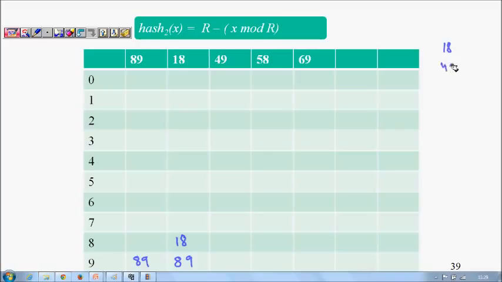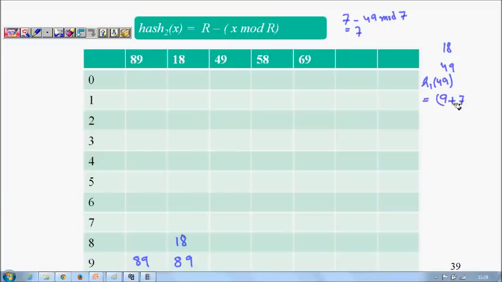Next, 49 comes. 49 modulo 10 is 9 and there is already an element 89 here, so we try out h1 of 49, which will be 9 plus f(1). I need to calculate hash2(x), which is 7 minus (49 mod 7), so 7 minus 0, which is 7.